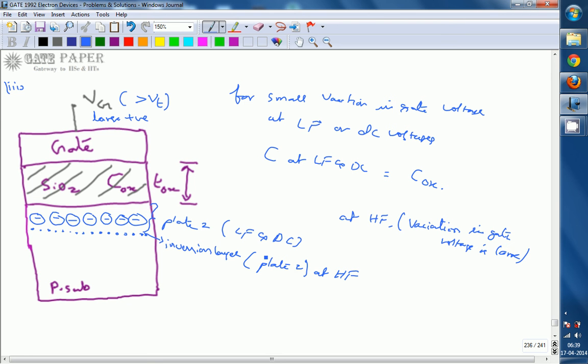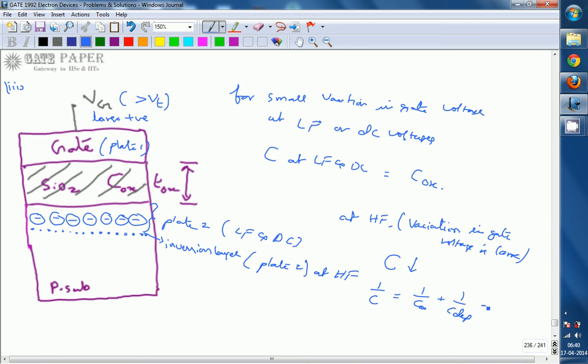So at high frequencies plate 2 is the inversion layer, and the gate is as usual plate 1. By that time, at high frequencies, the capacitance is reduced, and it is going to be written as COX in series with C depletion, that is 1 by C equals 1 by COX plus 1 by C depletion.